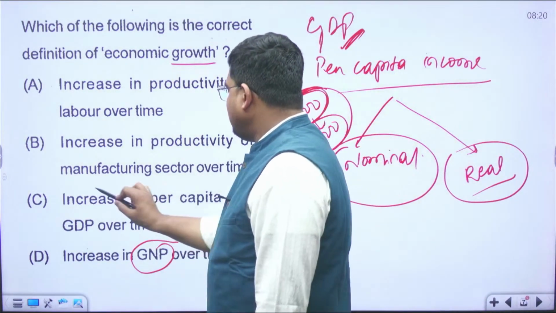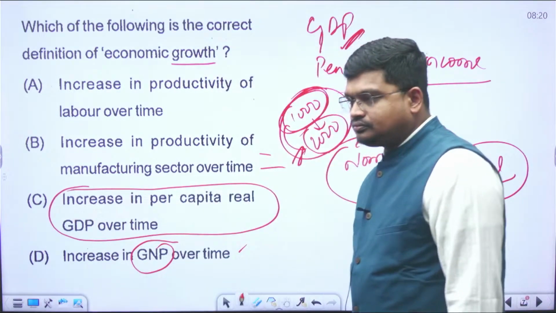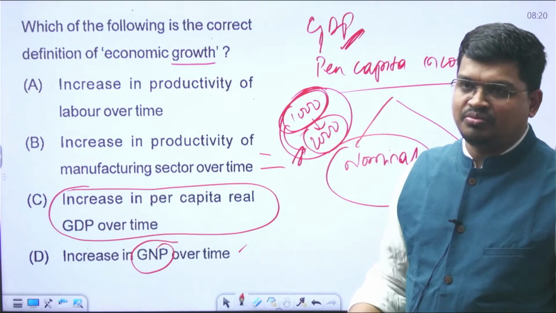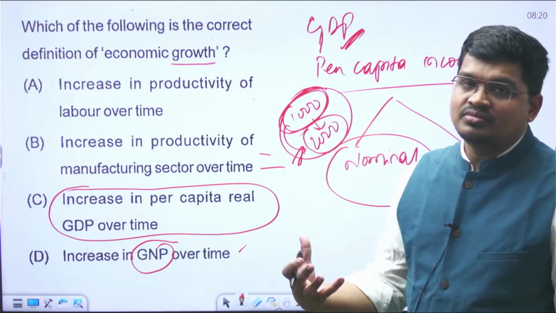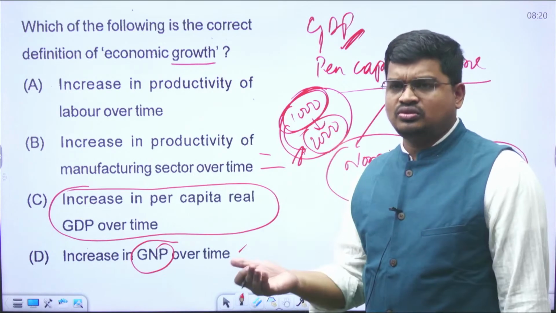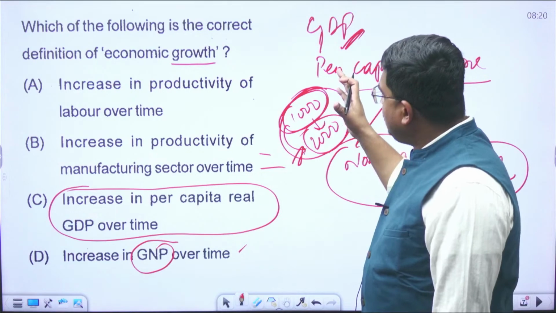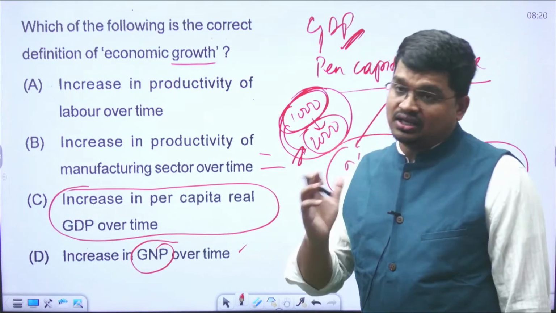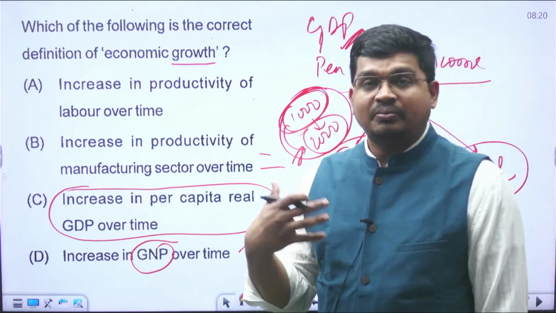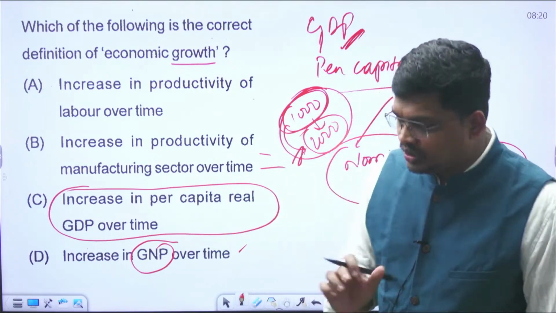Increase in per capita real GDP over time. That means if real income increases, then we can say economic growth. So economic growth has two aspects. One is the increase in GDP, and the other is the increase in per capita income. That should be in the real sense. Okay.